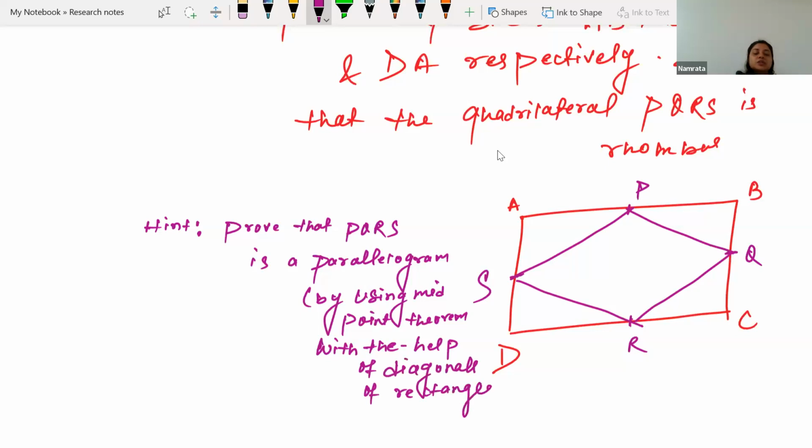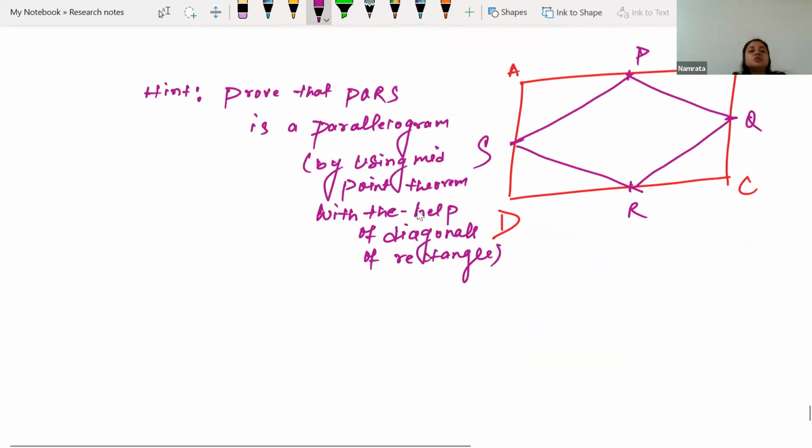First thing first, you are going to prove that it's a parallelogram, which is very simple to prove. You just need to draw the diagonal, and any one of the diagonals will help you to prove that PQRS is a parallelogram.